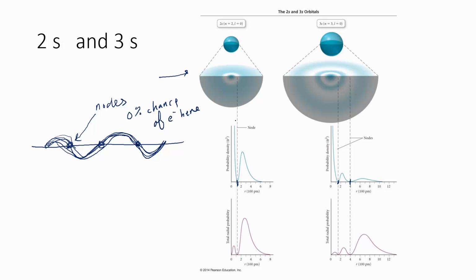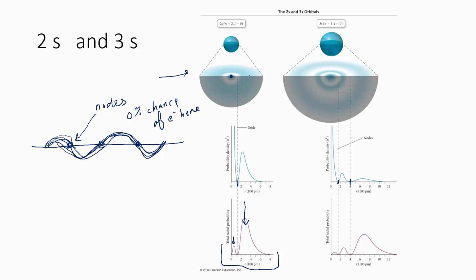So we have the same kind of probability density function that we saw before, where we have a very high probability right at the center, and a lower probability but larger volume as we go farther out. Multiplying the two together gives us a small likelihood of finding it closer in, like the 1s electrons, and then a much greater likelihood of finding this electron at this distance, somewhere around 300 picometers.